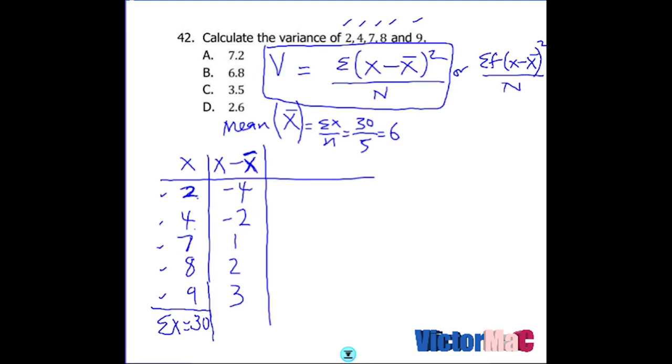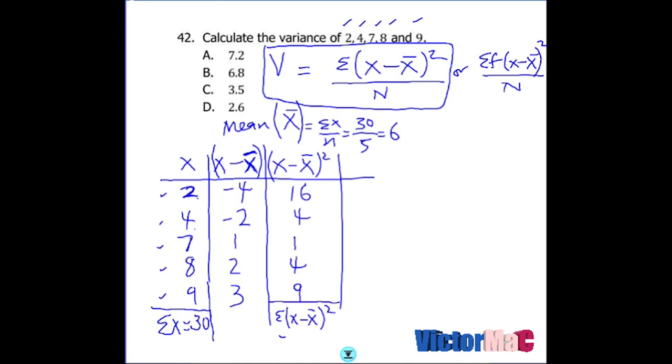So we have to square this column to create a third column. Minus 4 times minus 4 is 16, minus 2 times minus 2 is 4, 1 times 1 is 1, 2 times 2 is 4, 3 times 3 is 9. And the summation of this last column will give us our numerator for the formula of variance.